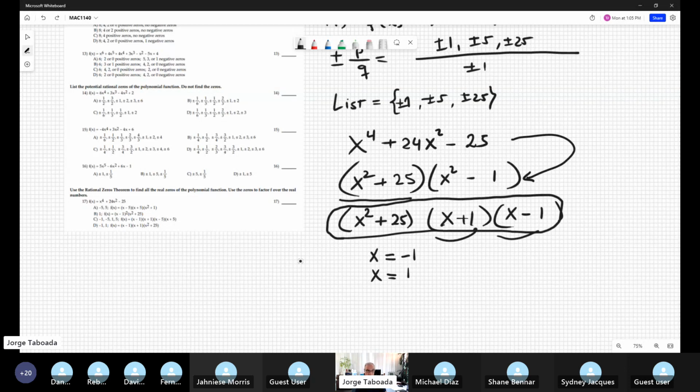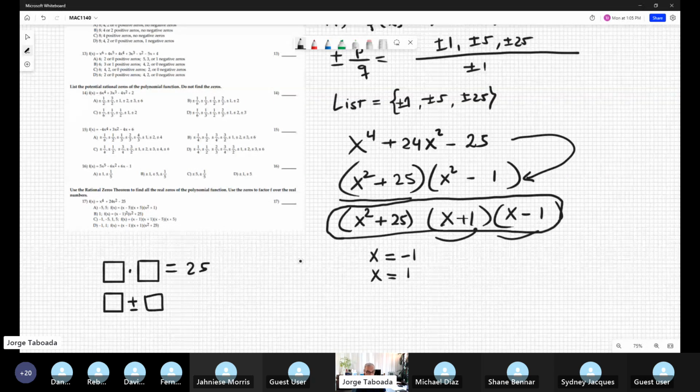The combination obviously is 25 and 1, because 25 times 1 is 25, and 25 minus 1 is 24. That means that 25 is positive and 1 is negative. Is this clear? Is this your question?